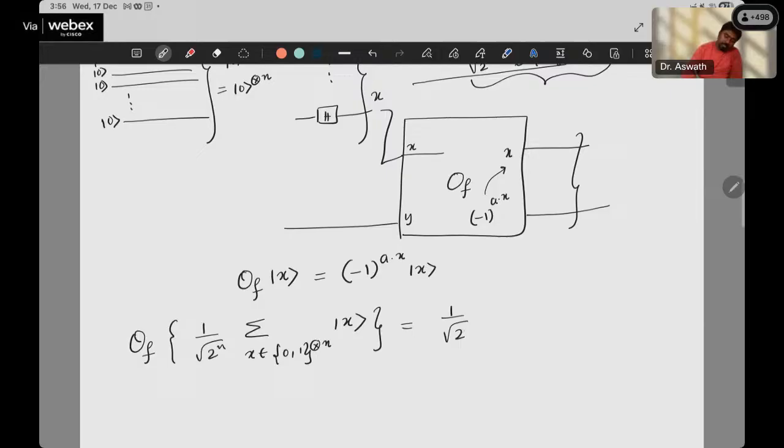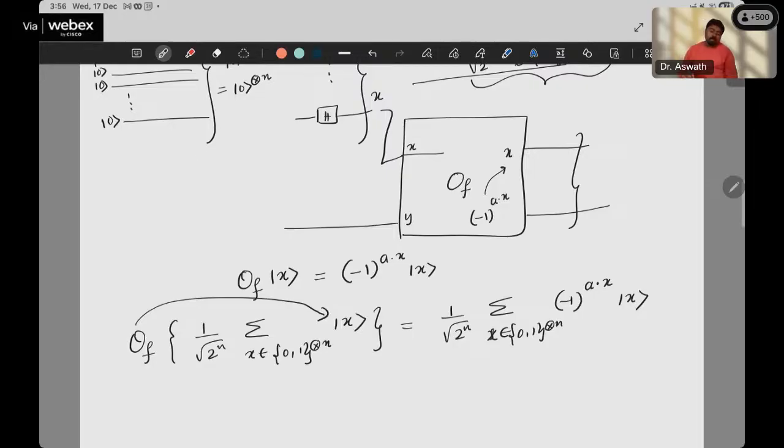Simply, you just bring this inside. So that would be x belonging to {0,1} tensor n, (-1) to the power of a dot x, ket x. Right.